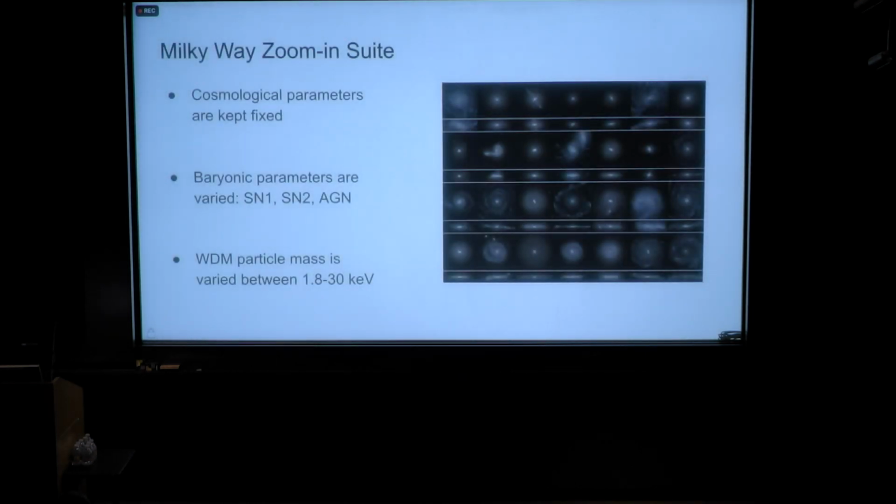And this is what the images from this zoom-in suite look like. So we can see that these images have very distinct morphologies, and these have been generated keeping all of the cosmological parameters fixed, but some baryonic parameters like the supernova feedback and the AGN feedback are varied along with the warm dark matter particle mass.